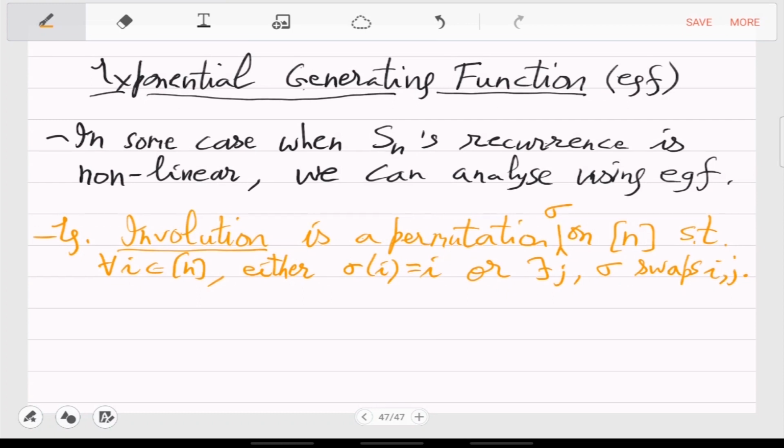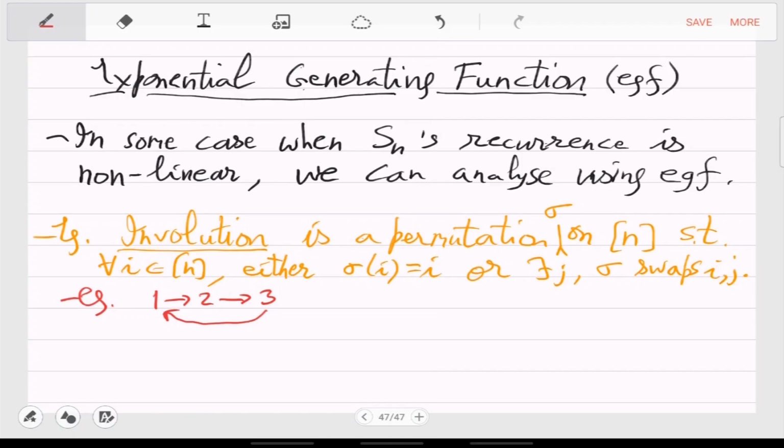So the map where 1 is sent to 2, 2 to 3 and 3 to 1, is that an involution? Is this an involution or not?